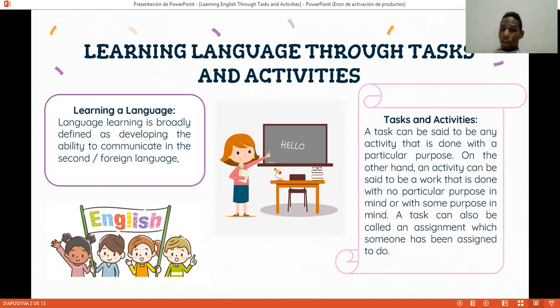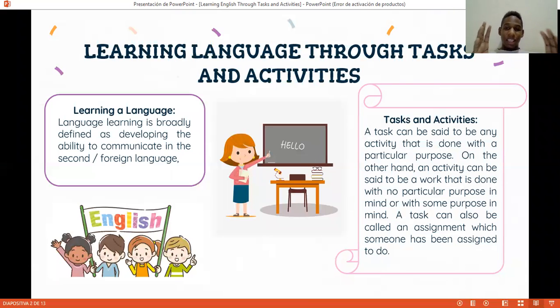Okay? Also, we have tasks and activities. A task can be said to be any activity that is done with a particular purpose. On the other hand, an activity can be said to be a work that is done with no particular purpose in mind or with some purpose in mind. Also, a task can be called an assignment which someone has been assigned to do.